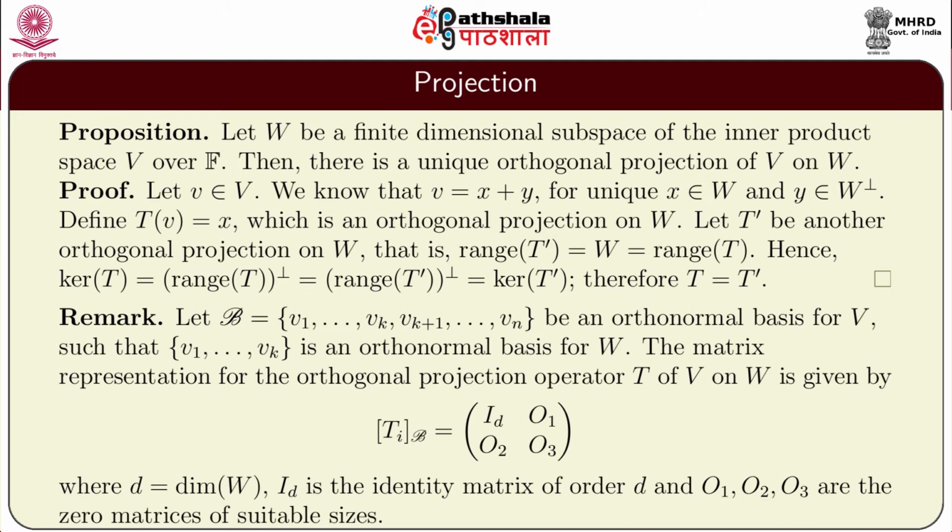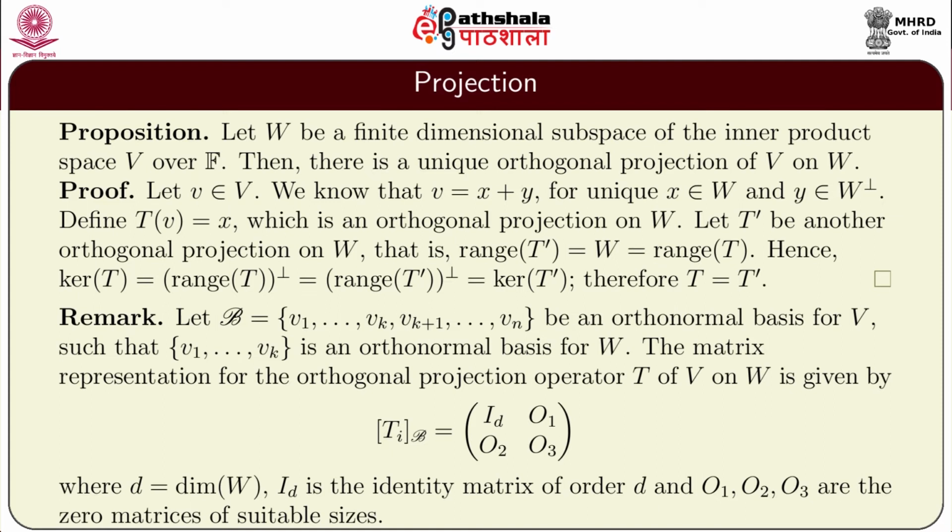Define Tv equal to x, which is an orthogonal projection on W. Now, let T dash be another orthogonal projection on W, that is range of T dash is equal to W, which is the same as range of T.